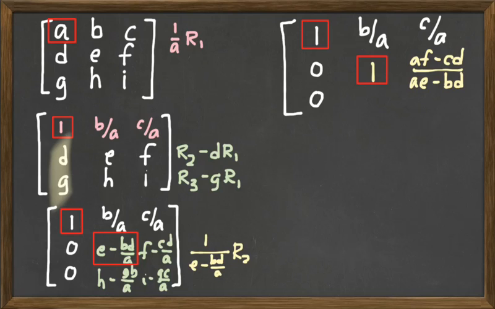Alright, well that doesn't look quite as disastrous. But then the entries down here in the bottom row are still kind of messy looking. So actually what I'd like to do is, in addition to that, let's clear out the a's from that third row, just so that they don't look quite as nasty. And if I do that, in the third row I'm going to get ah minus gb, followed by ai minus gc.